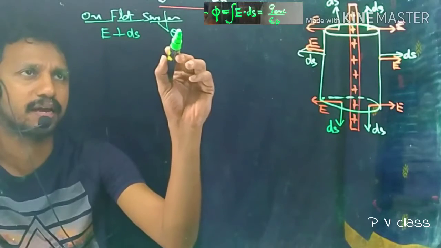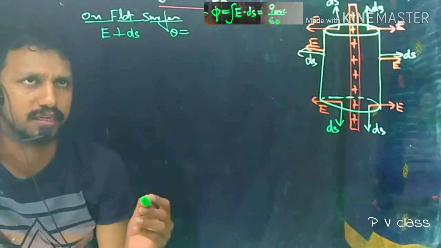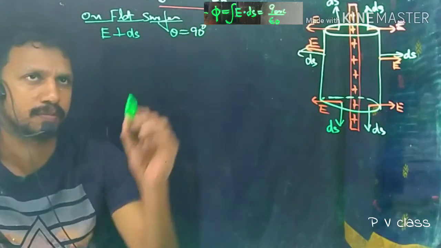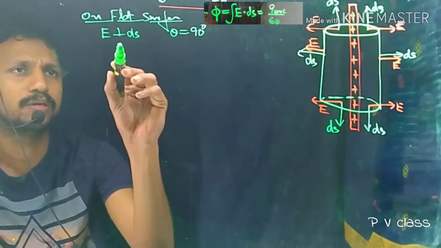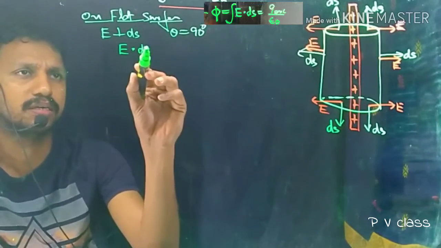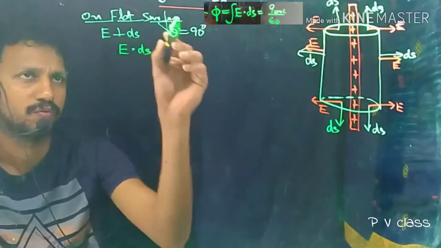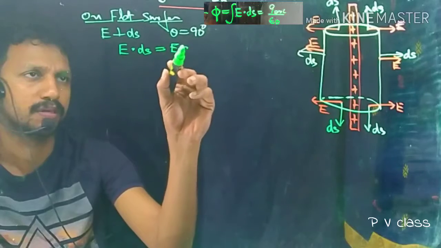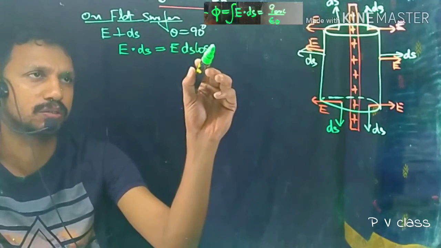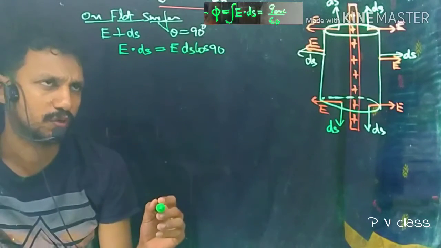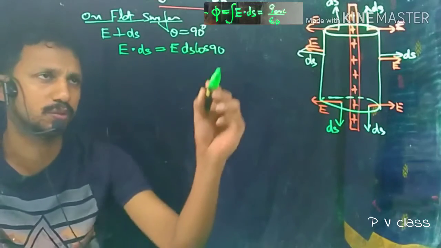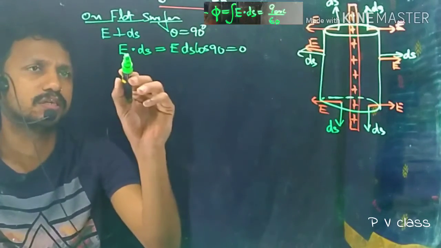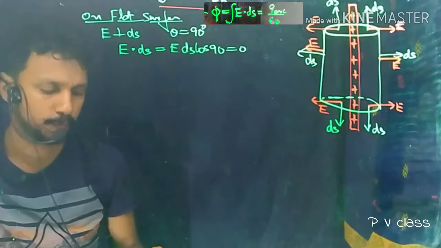Therefore, the angle between electric field intensity and area vector is 90 degrees. Then what should be E dot ds on the flat surface? On the flat surface, E dot ds will become E ds cos 90. What's the value of cos 90? Cos 0 is 1, cos 90 is 0, therefore it will become 0. On the flat surface, E dot ds is 0.